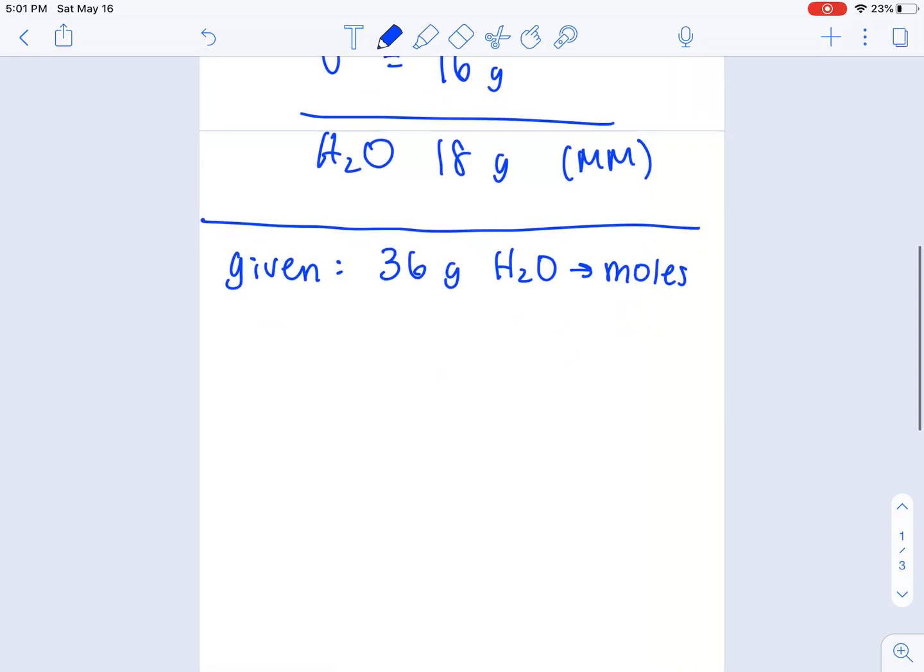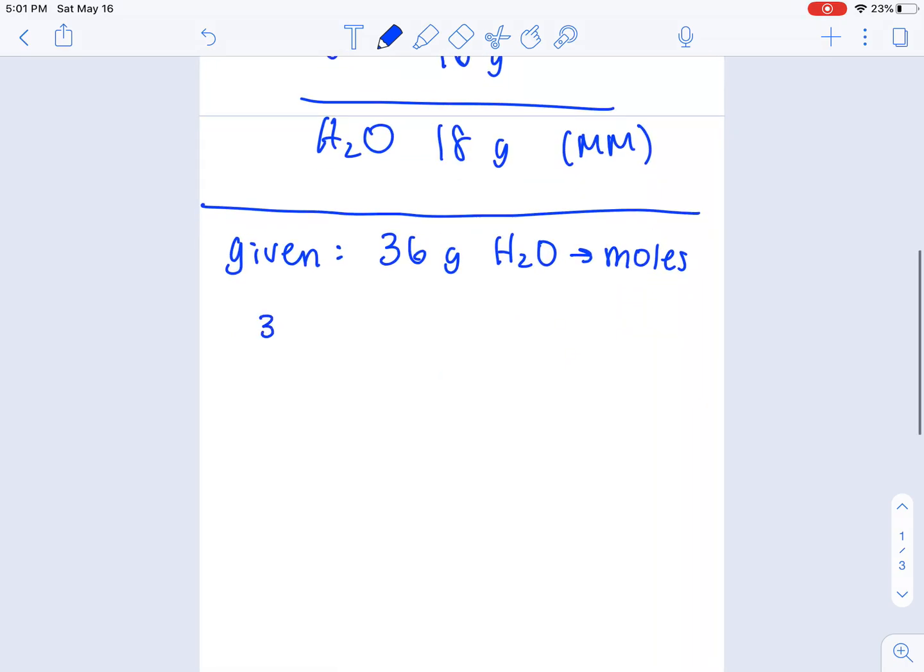So 36 grams. The whole point of this is to cancel out the grams H2O, and the top is always going to be 1 mole of H2O. So you're trying to cancel out the denominator to get moles.